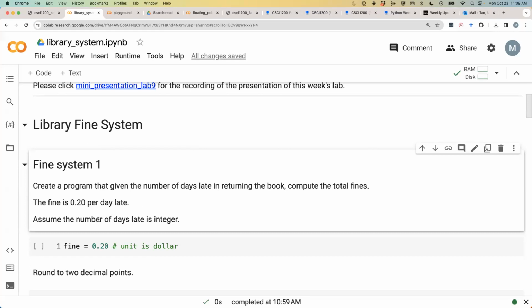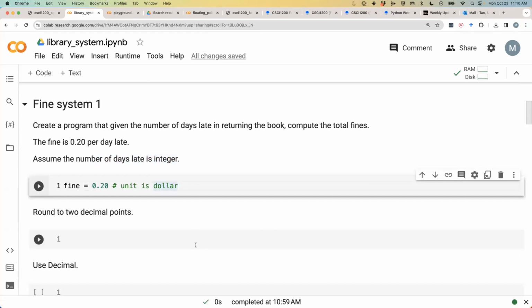We assume the number of days late is an integer. So we have created a variable called fine, which is initialized to 0.2, where the unit is dollars, so 0.2 means 20 cents.